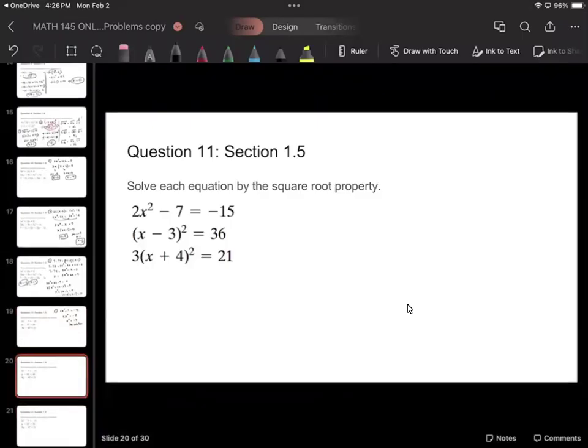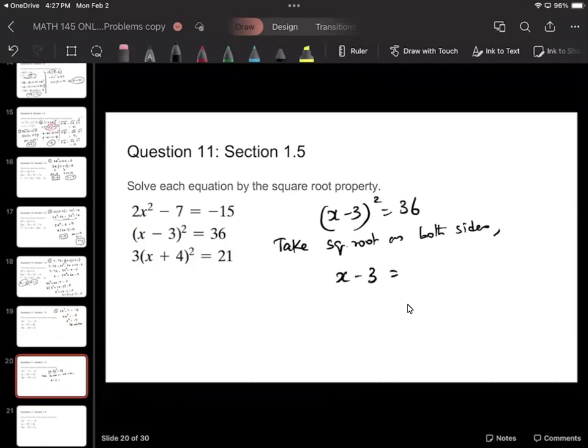Second one, x minus 3, the whole squared is 36. I take the square root on both sides. Square root and square cancel each other out on the left, and square root of 36 is plus or minus 6.